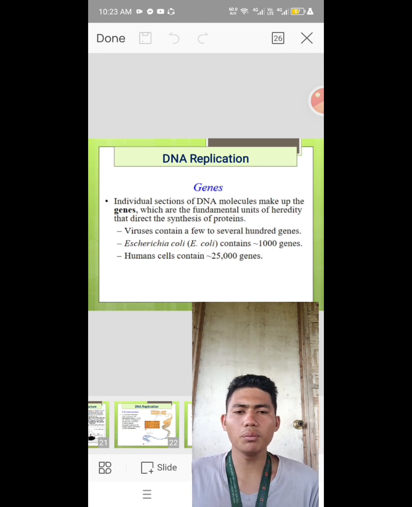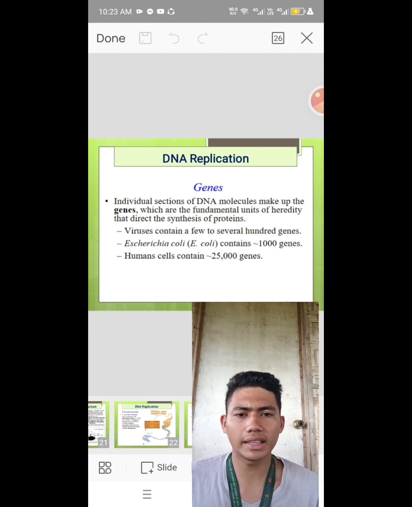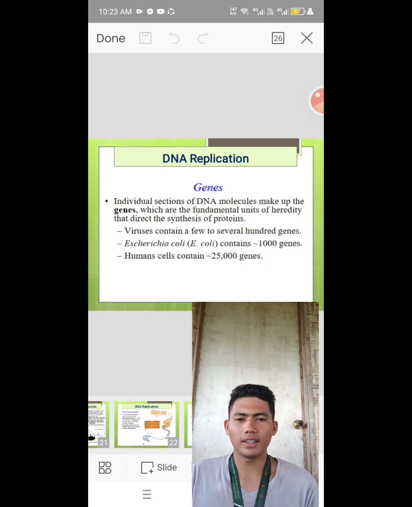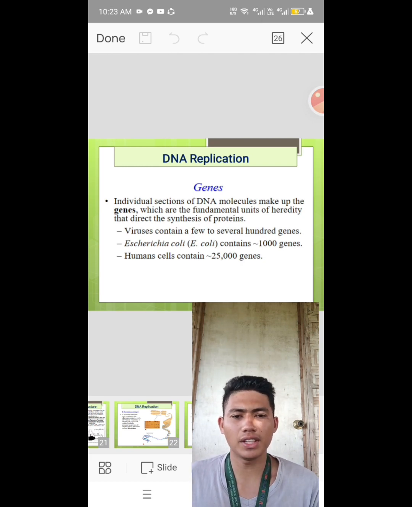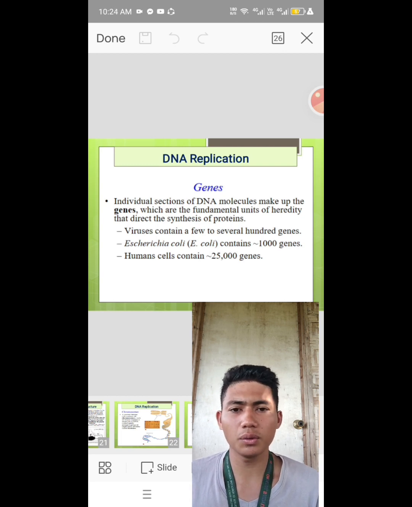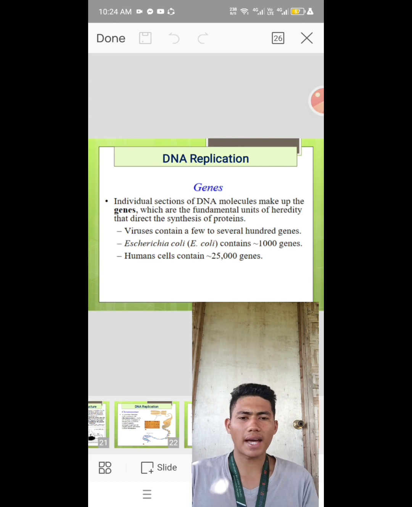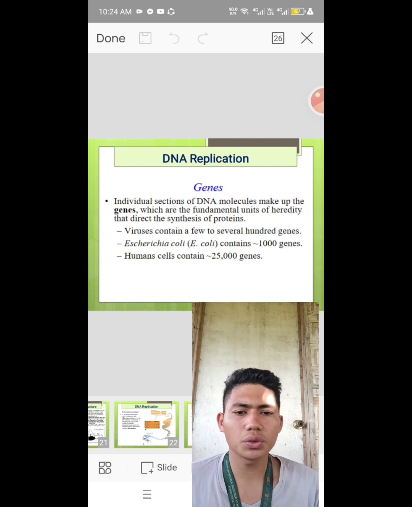Moreover, human cells contain approximately 25,000 genes. Imagine, that's a lot of genes the human cells have. That's why those genes are passed from parents to the offspring.